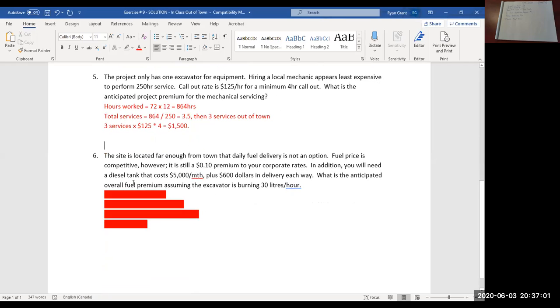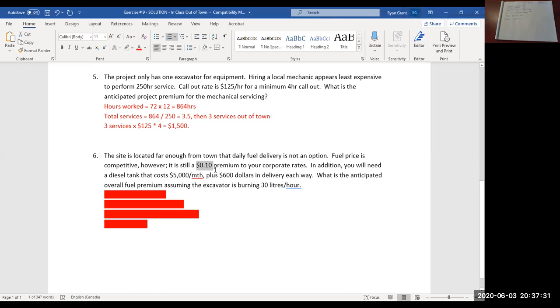So the last question here. The site is located far enough from town that daily fuel delivery is not an option. The fuel price, so the dollars per liter, is competitive. However, there's still a premium to our regular at-home rate. So there's still a 10-cent per liter premium that we're going to be paying than we're used to paying.